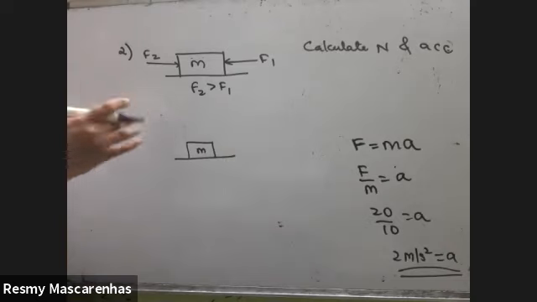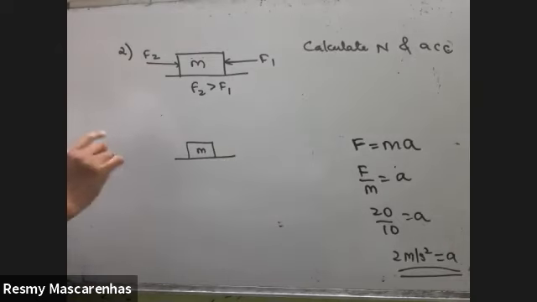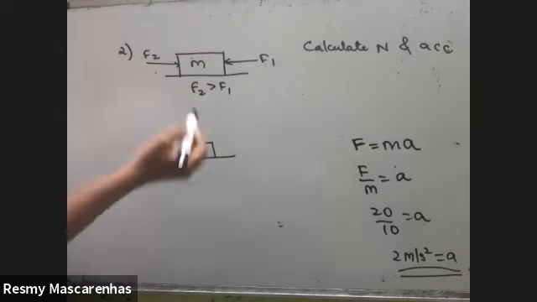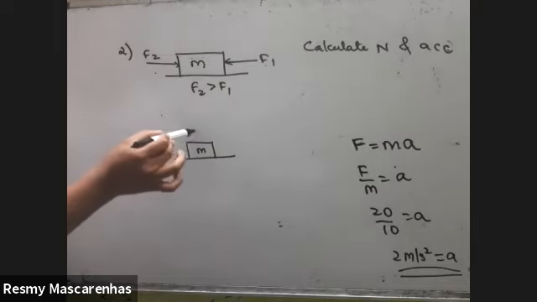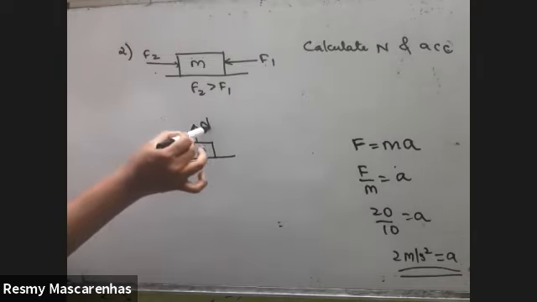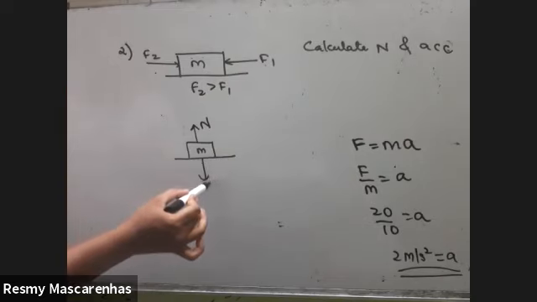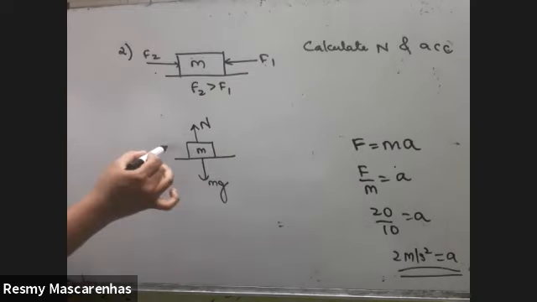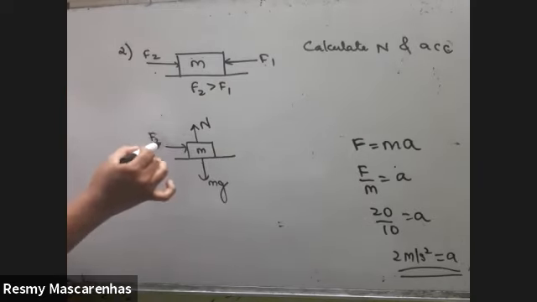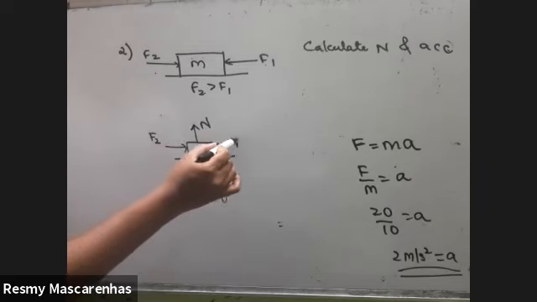This is a mass. In case it is given in terms of numbers, you can solve in terms of numbers. Now normal letters are given, so we just use them as they are. There will be a normal, there will be gravity, there is a force this side, there is a force this side.